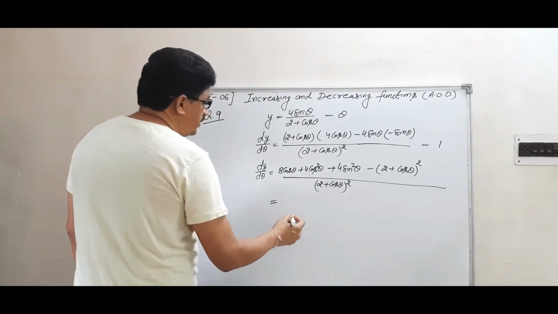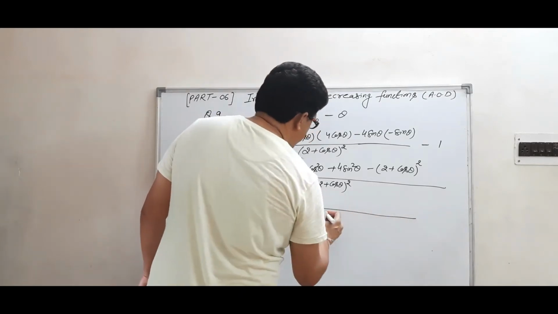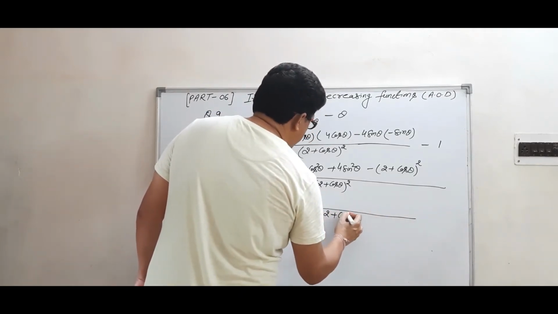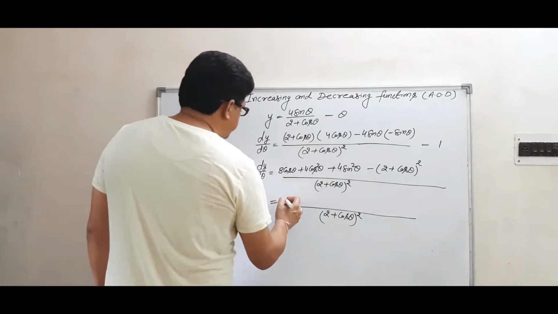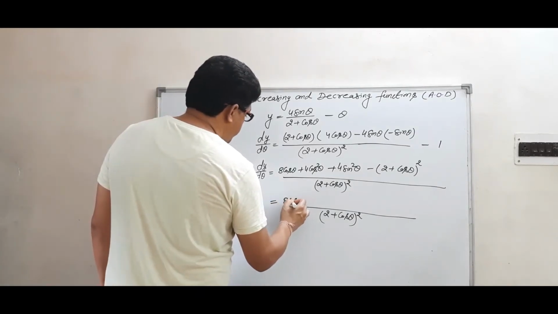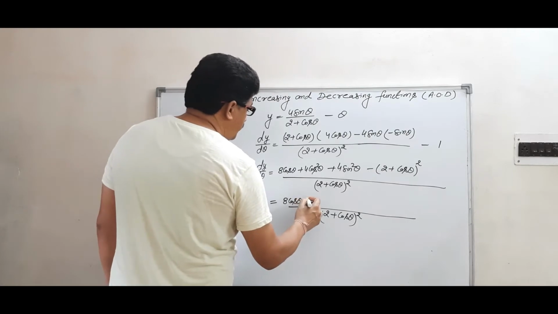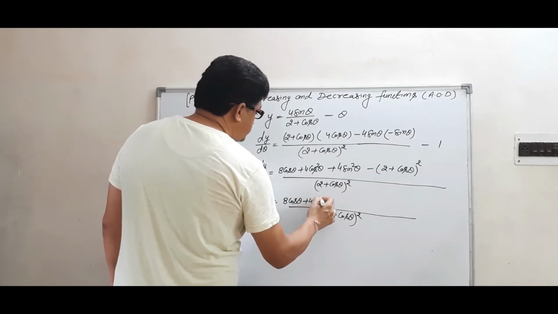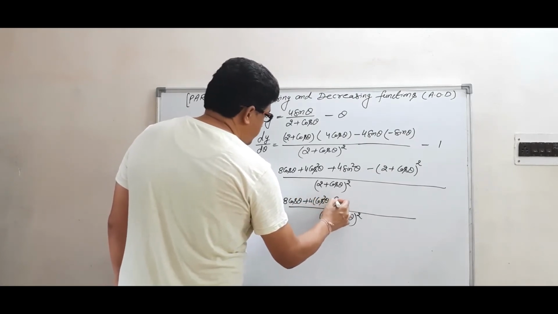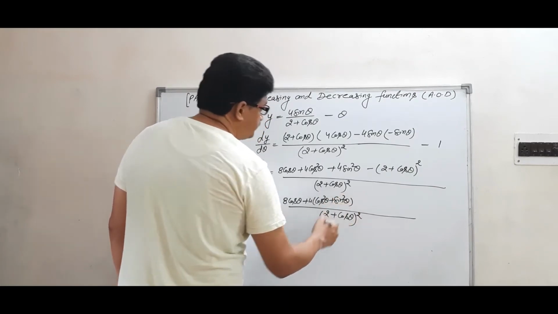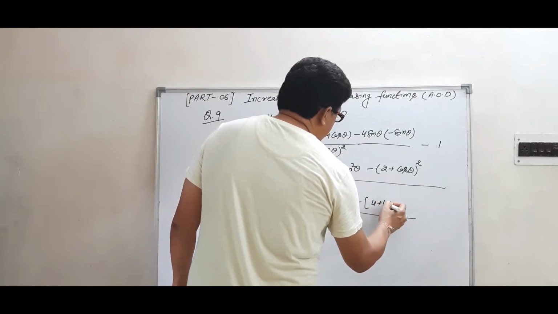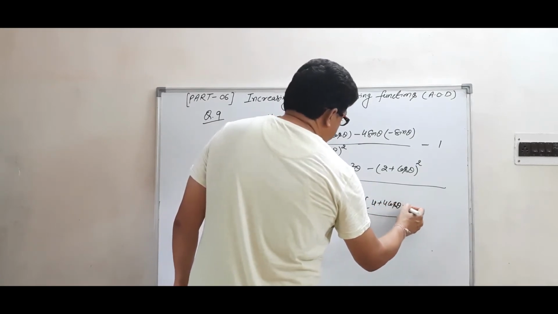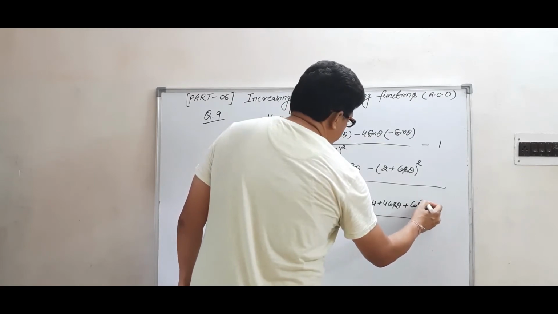dy by d theta, upon 2 plus cos theta whole square, 8 cos theta, 4 common, cos square theta plus sin square theta, minus 4 plus 4 cos theta plus cos square theta.